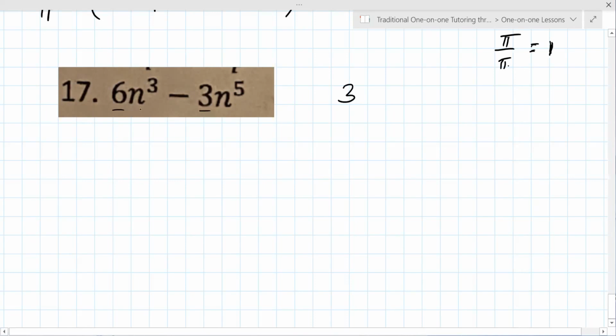Then you ask, is variable n in both terms? Yes. Which is the smaller exponent, 3 or 5? 3. And that is what you divide both of these by, and that goes on the outside here.